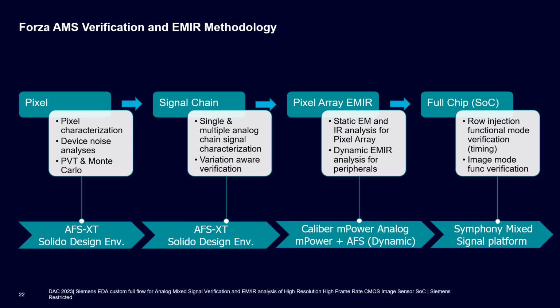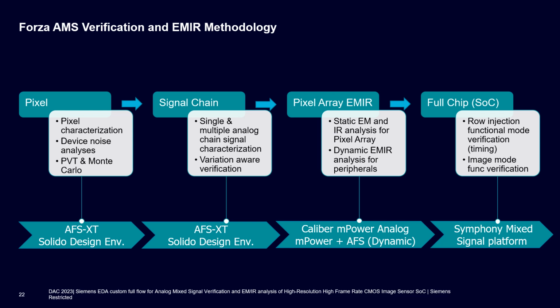At this stage, we individually characterize the performance of each of the sub-blocks like VLN, sample and hold, ADC, and SRAM, both at the schematic level as well as post-layout extracted level. For the first 2 stages of verification, we extensively use Siemens analog fast spikes and Solido design environment to achieve the desired accuracy at significant speed up compared to our competitor simulator.